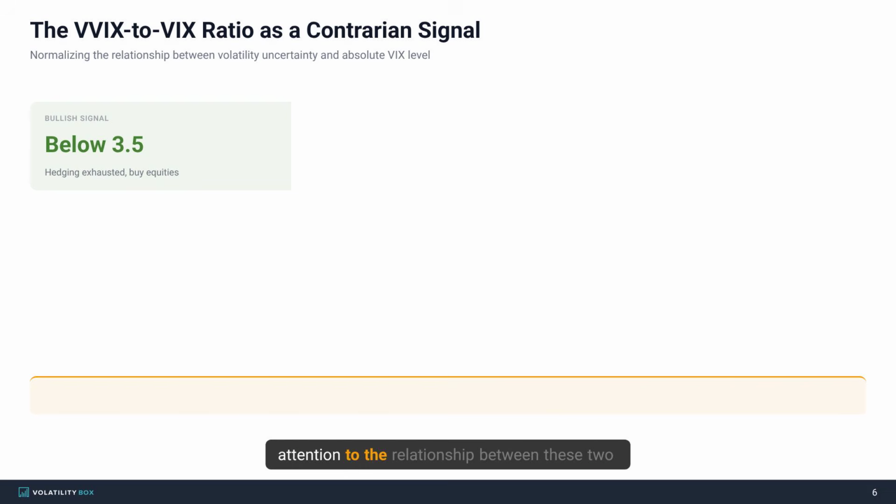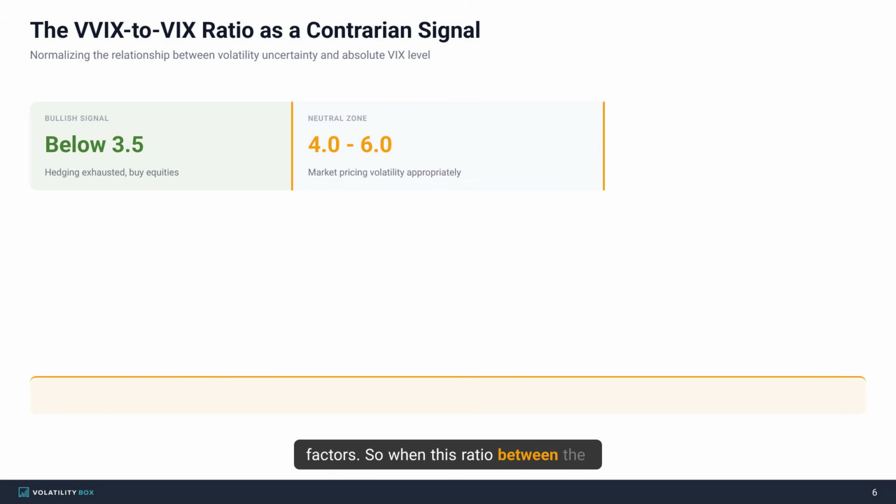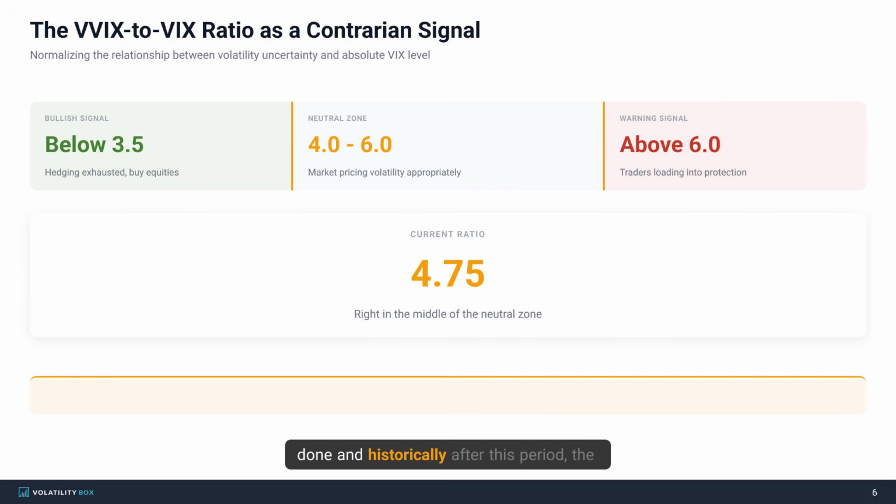When the ratio between the VVIX to VIX drops below 3.5, I found that to be a good contrarian, bullish signal for equities. It typically shows up after a sell-off has pushed the VIX higher, but VIX option demand has already started to fade. The most aggressive hedging is done, and historically after this period, the S&P 500 posts an above average 20-day forward return.